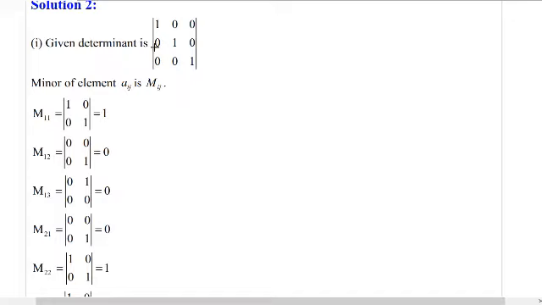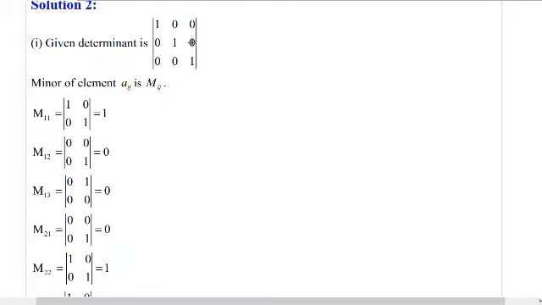Okay? Now we'll proceed with the second row in the same manner. Hiding this element A21 by row and column, we'll get 0, 0, 0, 1. And solving it, 0 minus 0, I'll get 0. Hiding this element A22 by row and column, I'll get 1, 0, 0, 1. And solving it, 1 minus 0, I'll get 1.